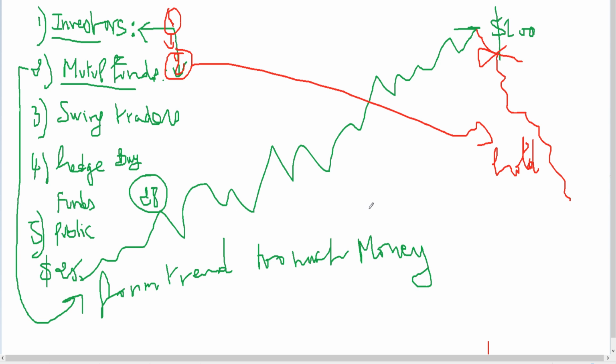Now there is what we call number 6. I put it alone because we should see it. It's different. So we have said: investors with big money, mutual funds, swing traders, hedge funds, and the public, the people.